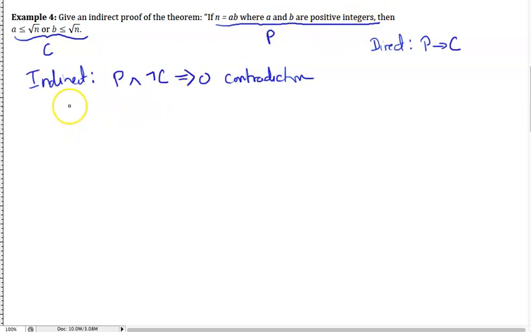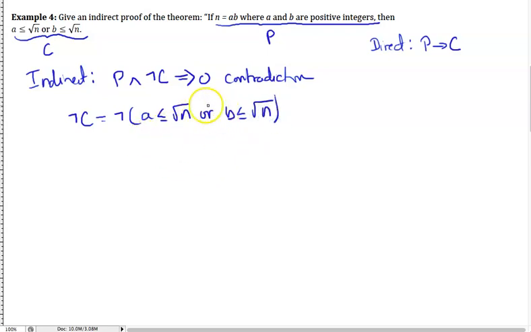So that's a premise. And let's see how we negate the conclusion. We need to negate that a is less than or equal to square root of n, or b is less than or equal to square root of n.